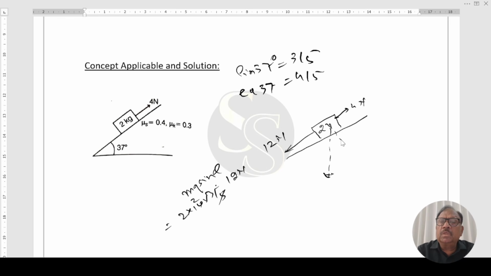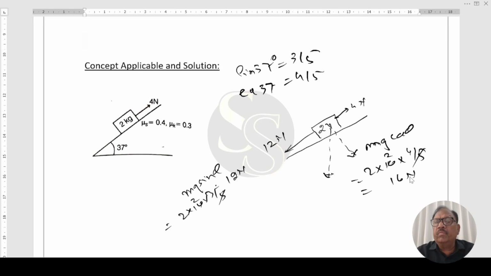So this is mg cos theta. This comes out to 2 into 10 into 4/5, which is 16 Newton. One is normal, that is the contact force. Right? Any other force? No.